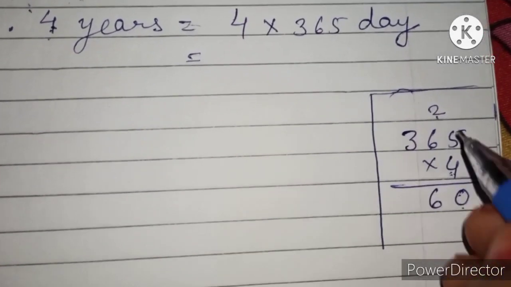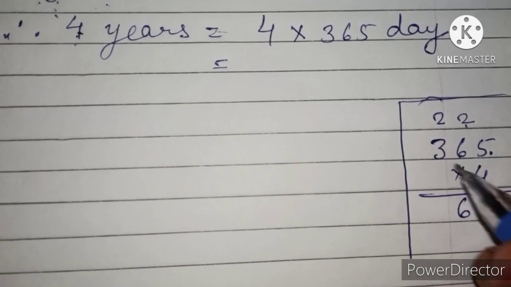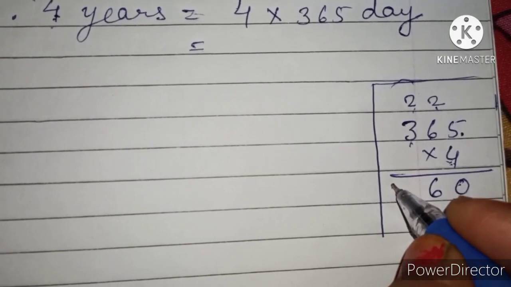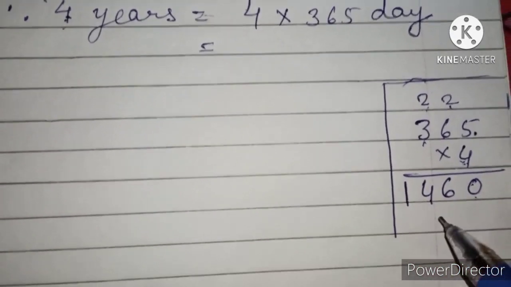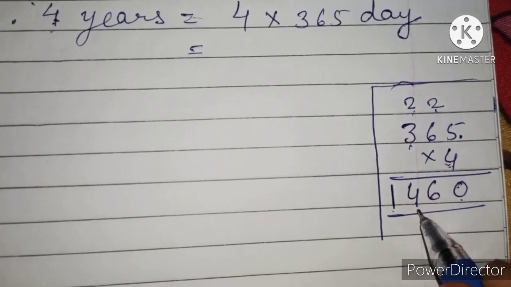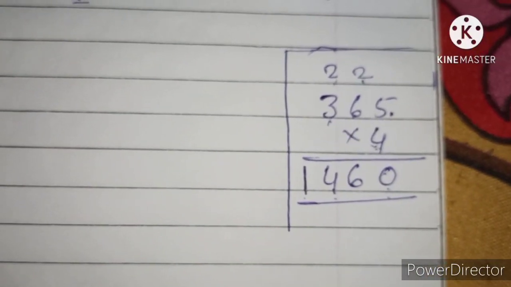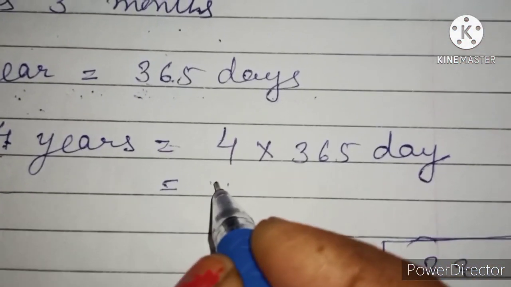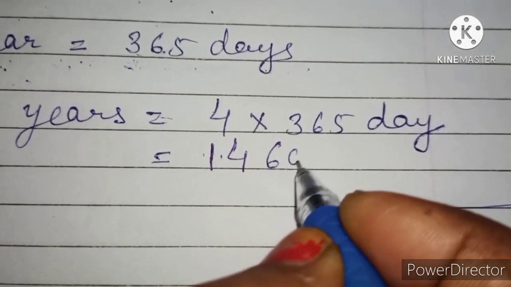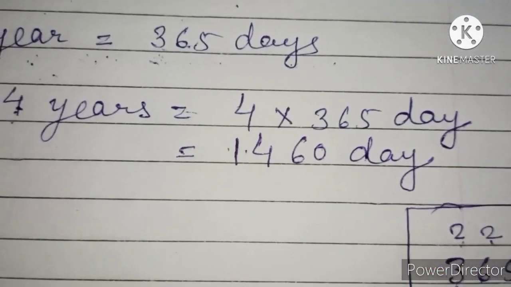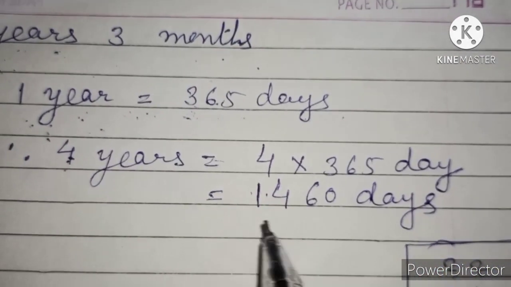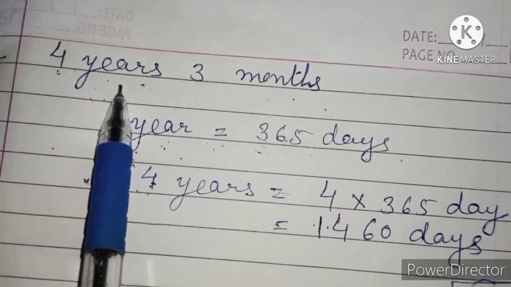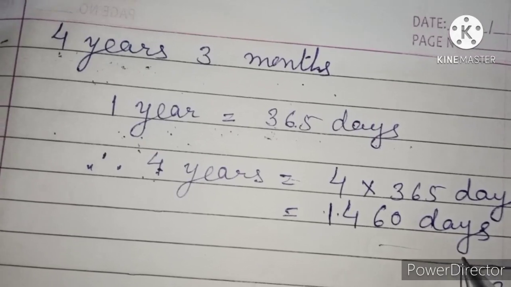So 6 write down, 2 carry. 4 3s are 12. 12 plus 2 is 14. So the answer will be 1460. Now we have to write here the answer: 1460 days. Children, now you can see 4 years converted into days.